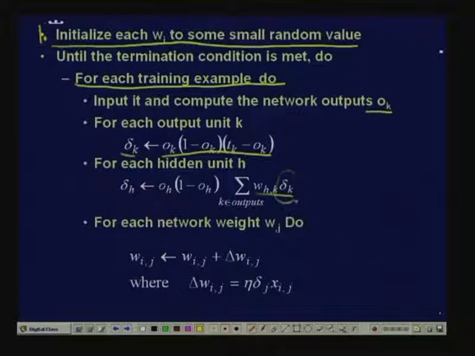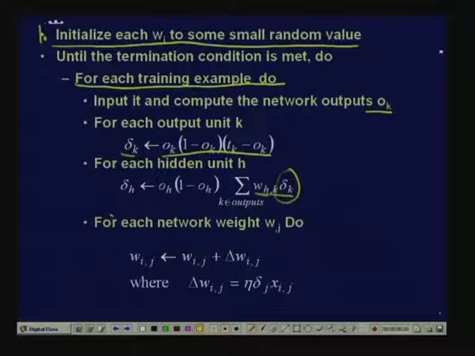Delta k is what is coming from the kth output unit, and whk is the weight of the arc connecting this hidden unit with the kth output unit. So, we compute delta k initially at the output nodes, then at the node above the output node, then at the node above that, and so on.